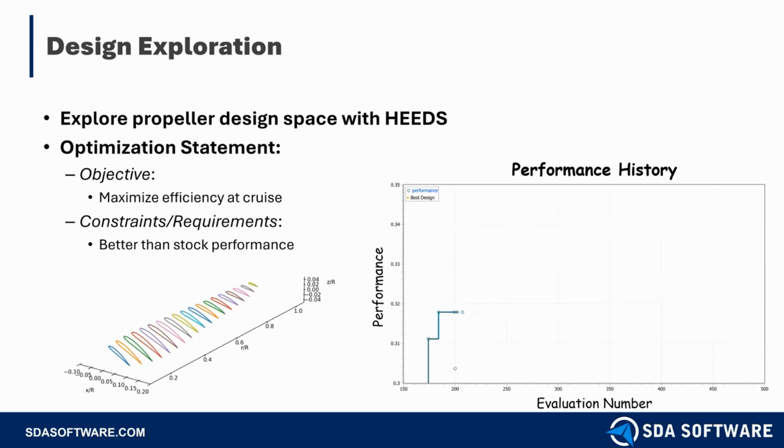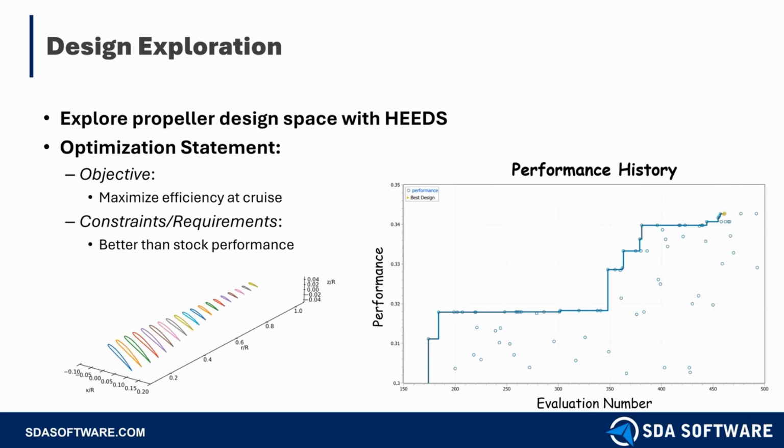HEEDS will search through different designs, modify them, do the performance assessment, and then rate each with a performance. You can see how the solid line is climbing. That's what we call the best design history, which is the best design at a certain point in time while it's running the search algorithm. And at the end, it'll provide the best design.